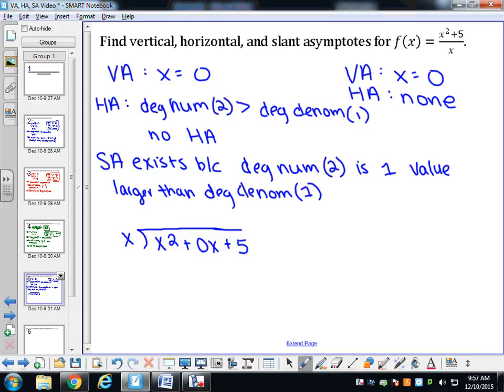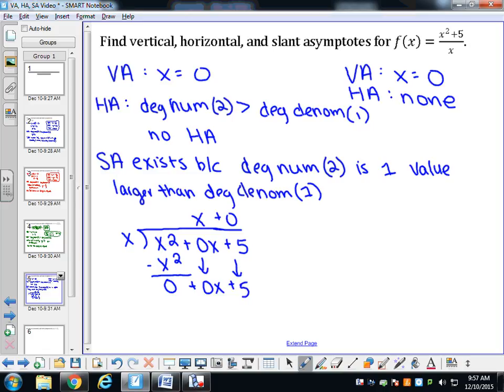Okay, so x into x squared, I need an x. So when I multiply through, I get x squared. So that gives me 0. So bring down the plus 0x. Well, I can't multiply anything by 0. So then my remainder would just be x plus 5.